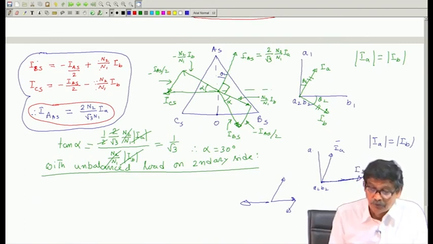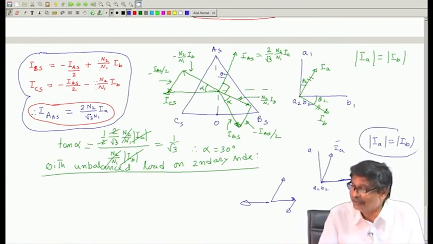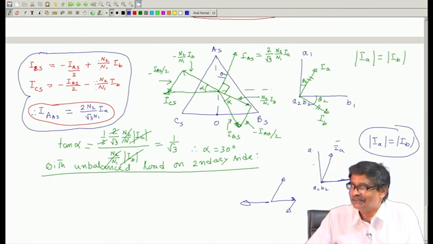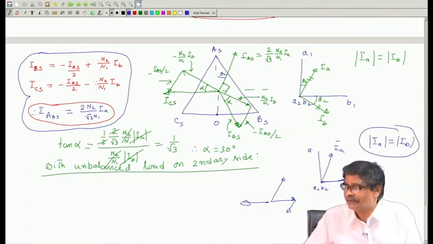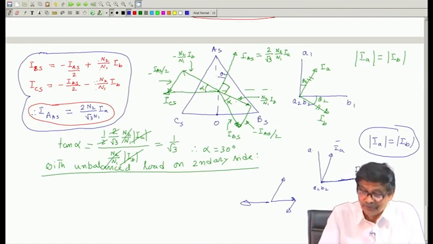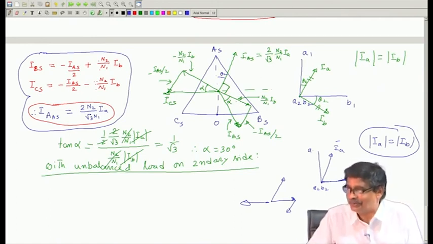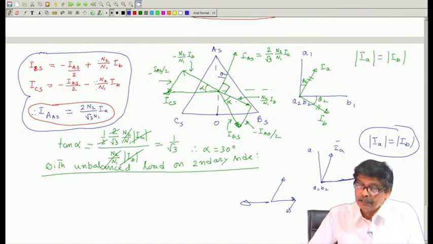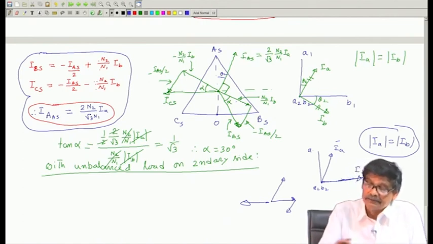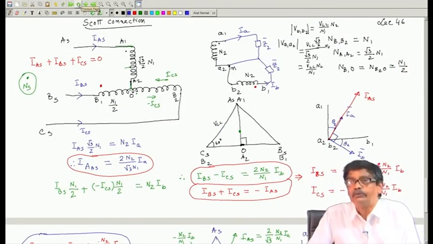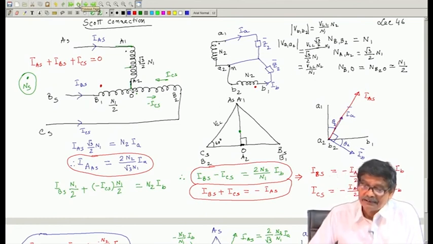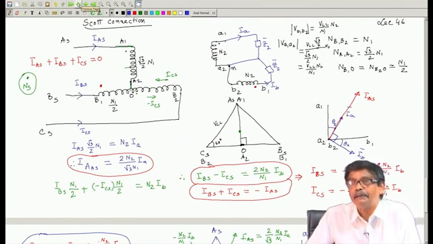But if it is unbalanced load, I will not be able to use this information, and that is why this angle alpha etcetera will be different, and it will not come so nicely as 1 by root 3, why should it. Got the point. So, Scott connection is a very nice connection, and another thing I will ask you to explore is this connection, that is, this side connected, this side connected.